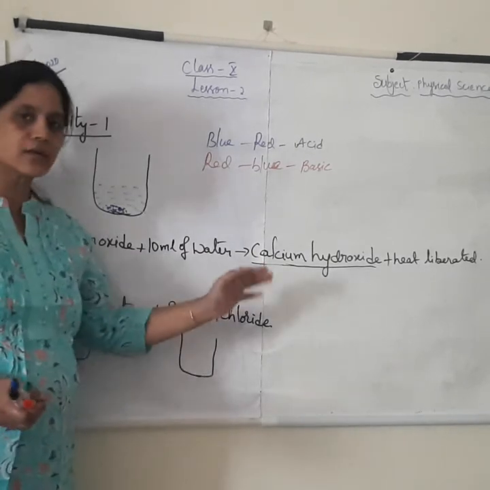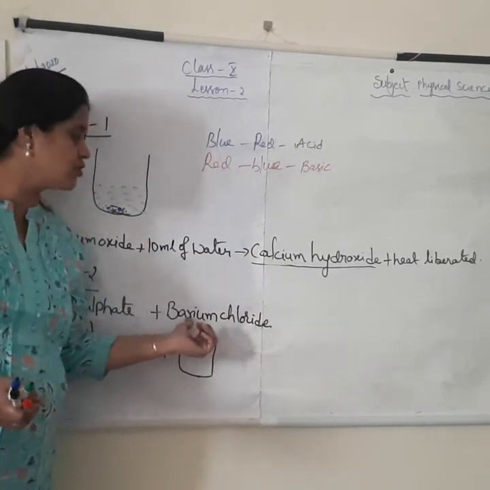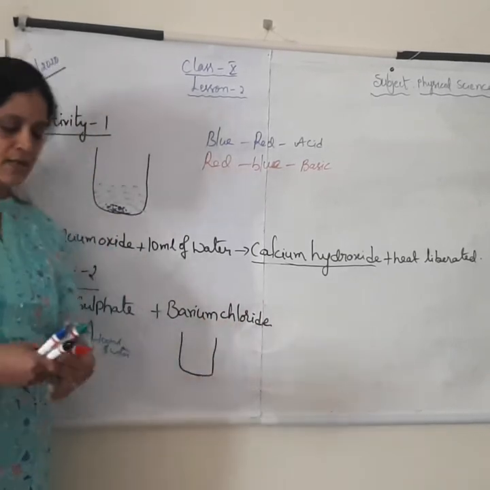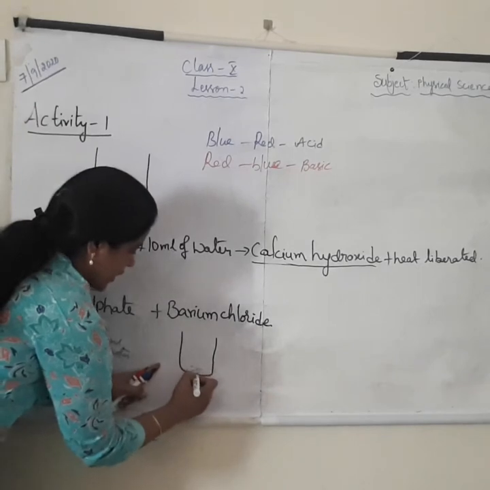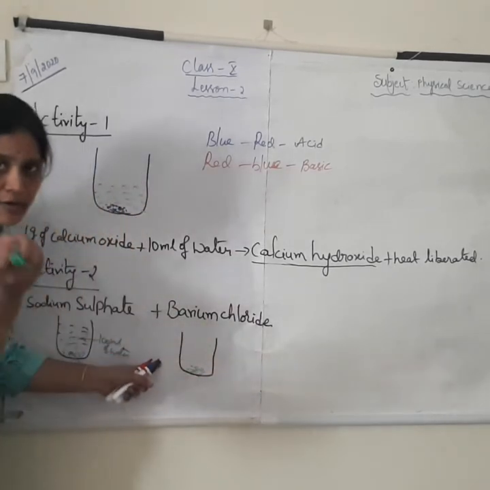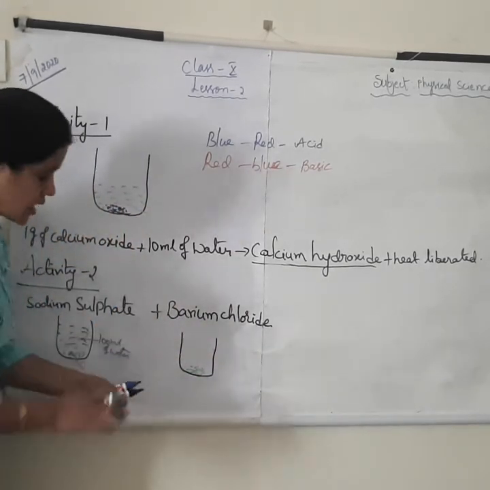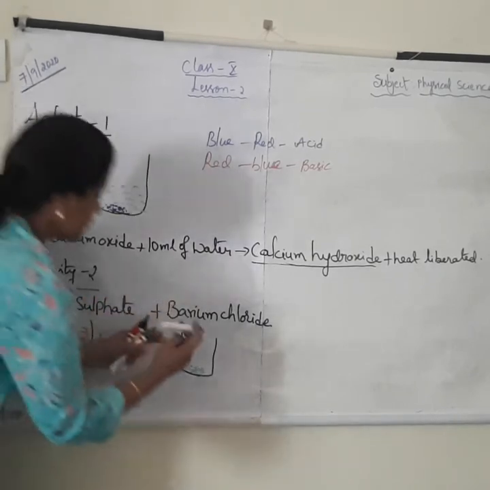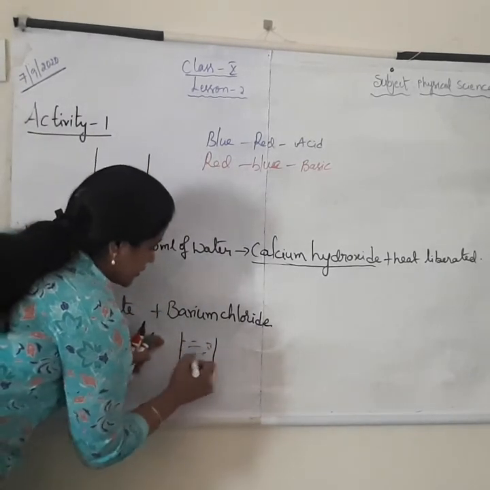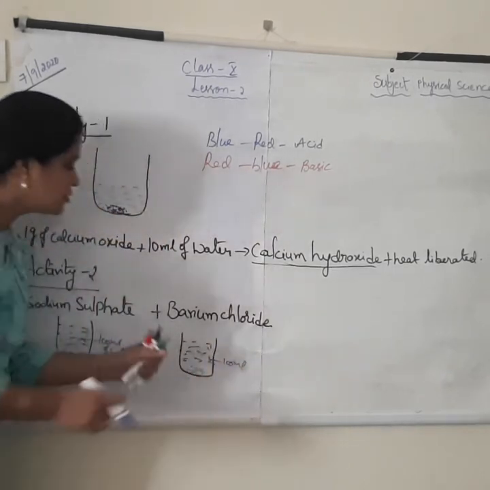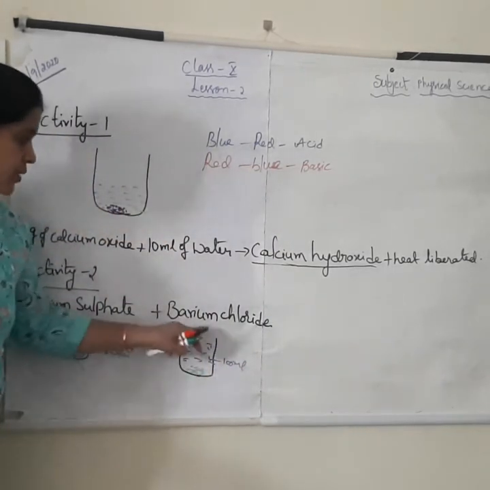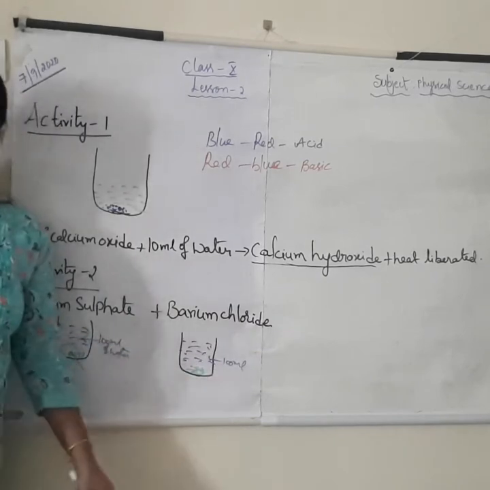Like that, you prepare the aqueous solution of barium chloride. Same, you take barium chloride powder, either 10 grams or a little quantity, and add 100 ml of water and dissolve that chemical in it.